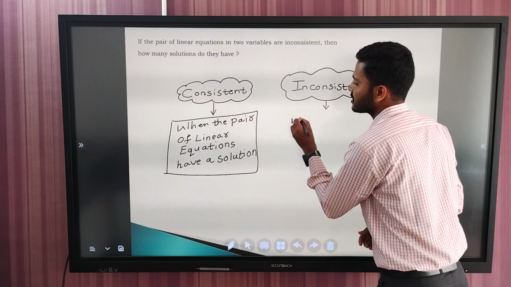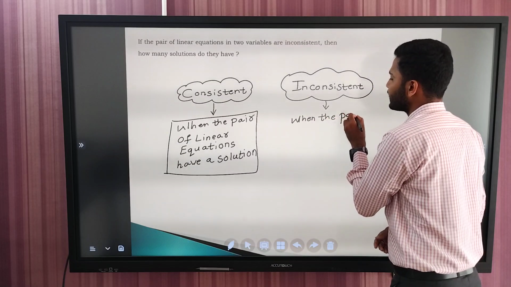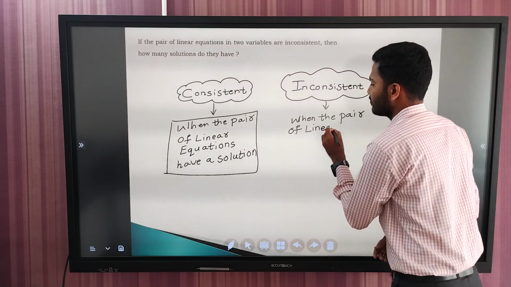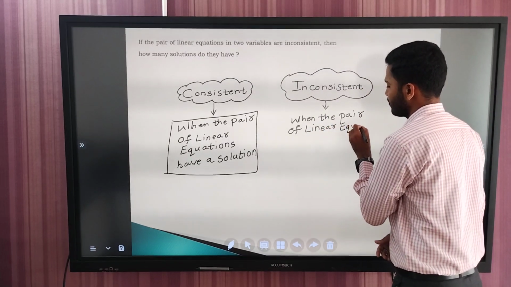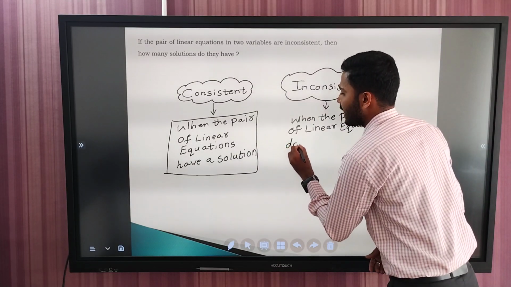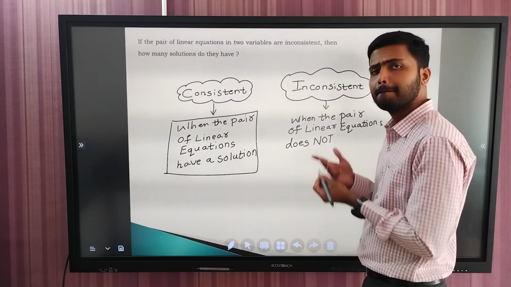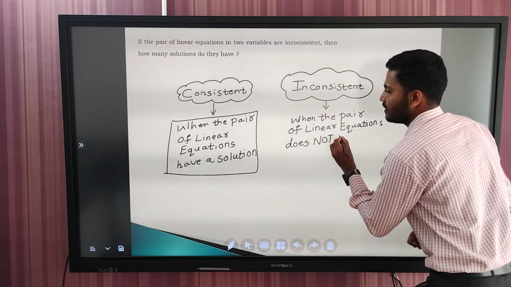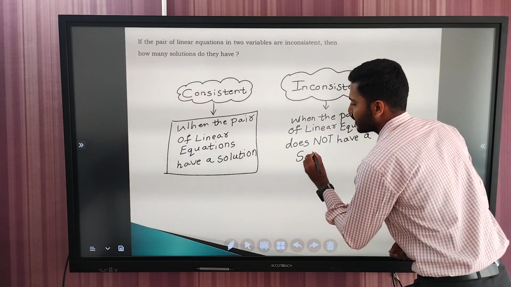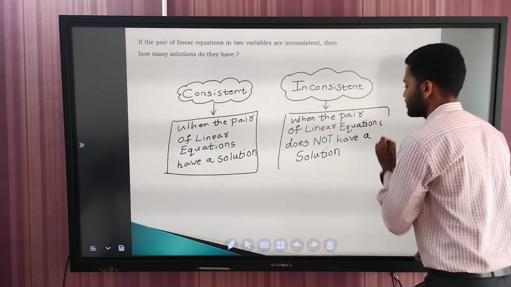When, you can just make a note of this, my dear students, when the pair of linear equations does not have a solution, we call it inconsistent.